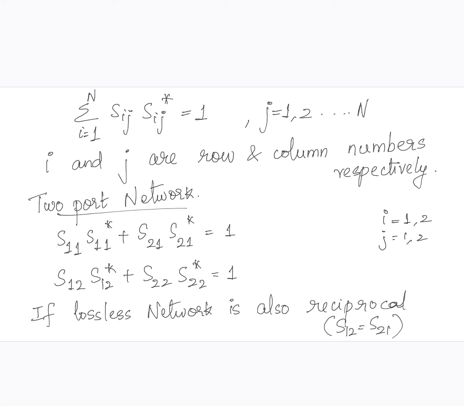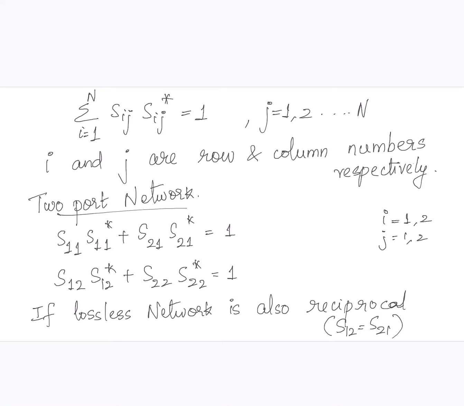So first we take the product of each term and its conjugate, then if you sum over all the ports, it will be equal to 1.